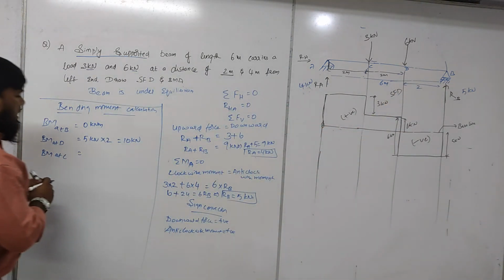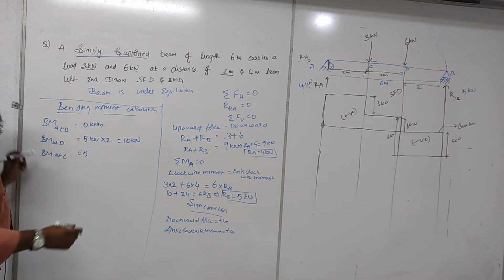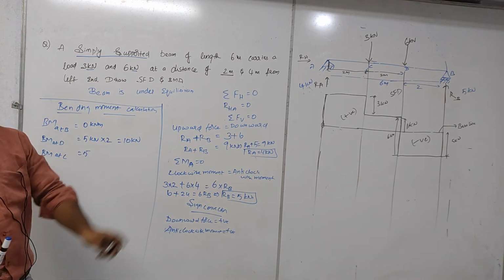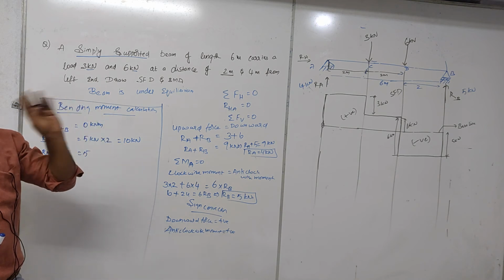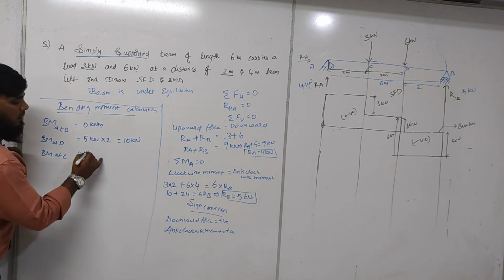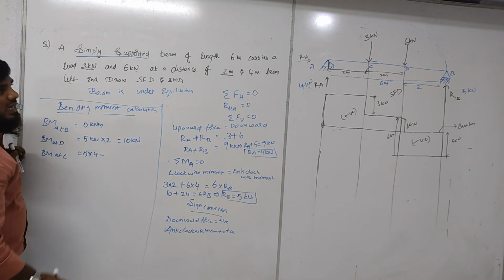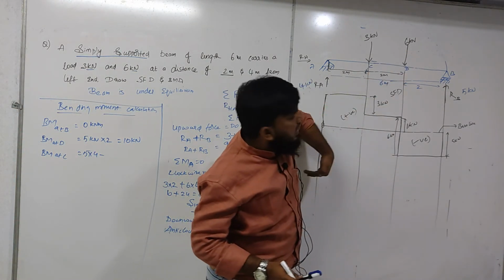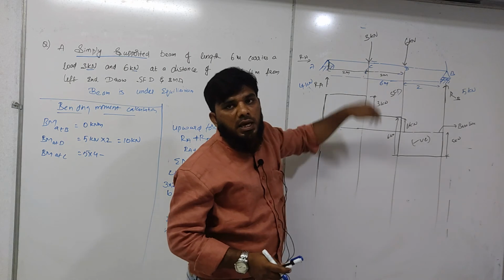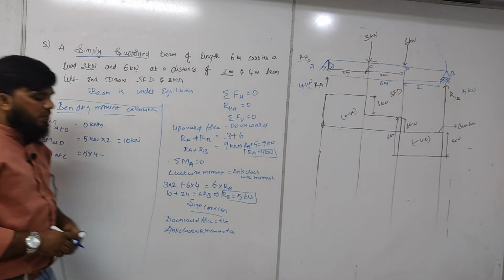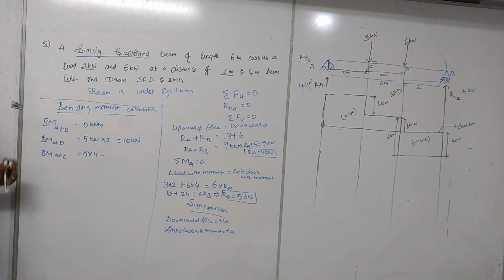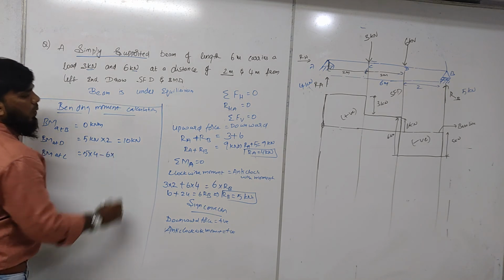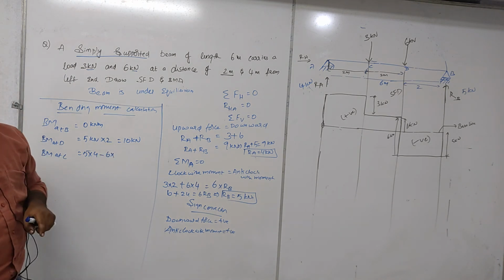So now 5 into 4, why positive? Because RB is trying to rotate in anti-clockwise direction. Minus, because the 6 is trying to rotate the point C in clockwise direction. Anti-clockwise positive means clockwise is minus. 6 into what is the distance between D point and C point?